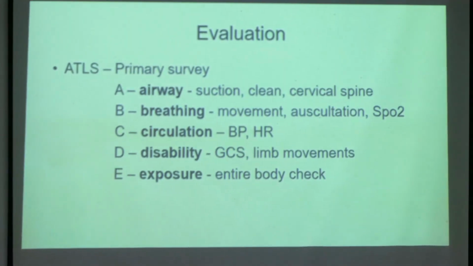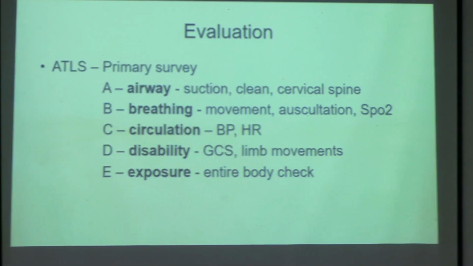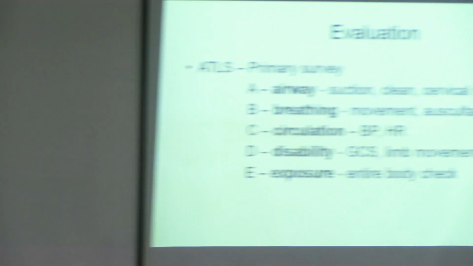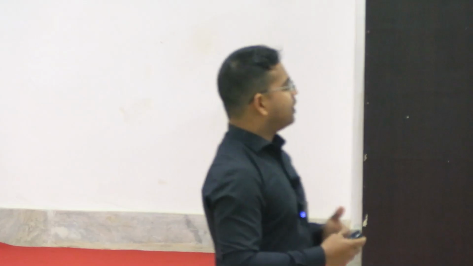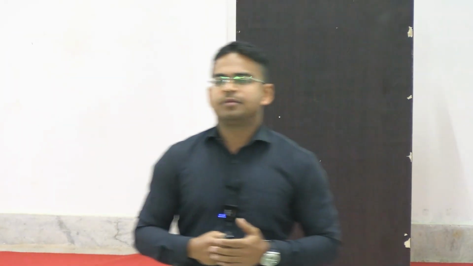ATLS stands for Advanced Trauma Life Support. Okay, that is a system or a procedure by which we manage surgery trauma patients. So in it we have two broad headings. One is called the primary survey, one is called the secondary survey.